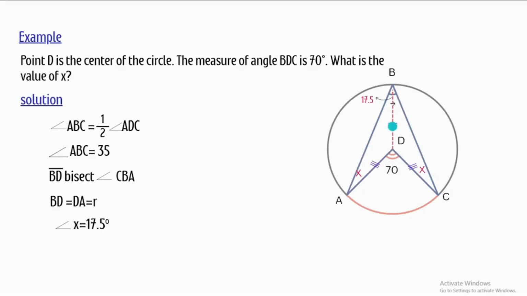And BD bisects the angle B. Angle CBA was 35, and DB bisects this angle, so DBA becomes 17.5. And this is an isosceles triangle, so x is 17.5 also.